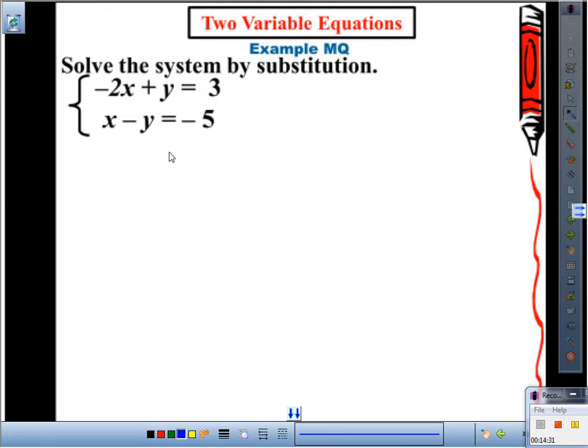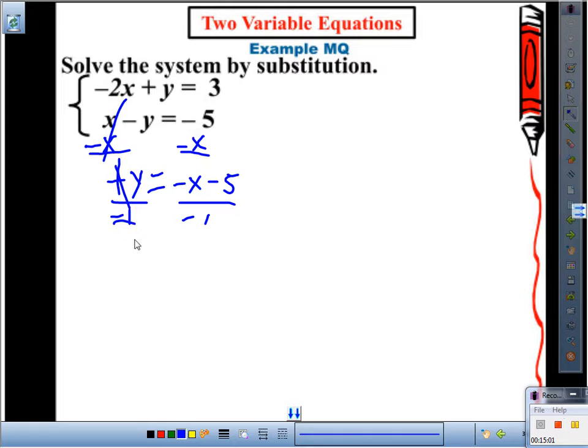For the second equation? Okay, so you did minus x, negative y equals negative x minus 5. Okay, so multiply or divide by -1. That leaves us with y equals x plus 5.